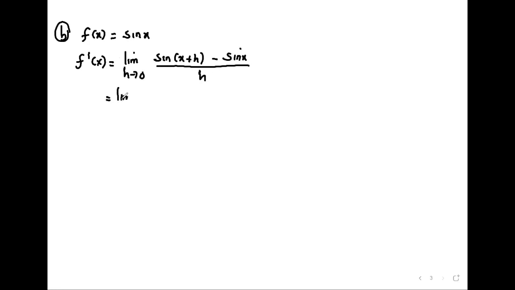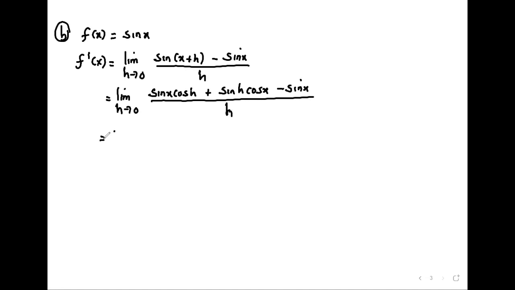Using compound identity, we understand that this is going to be sin x cos h plus sin h cos x minus sin x over h. Meaning, we now have the limit as h goes to 0.